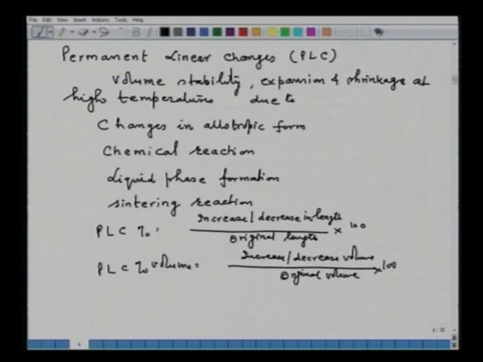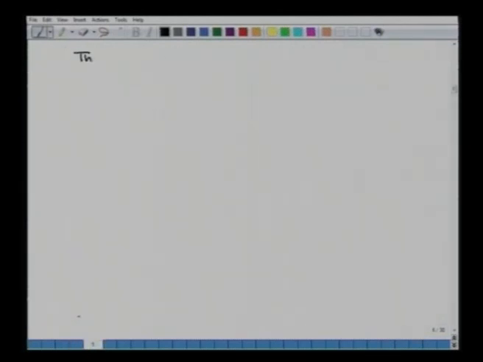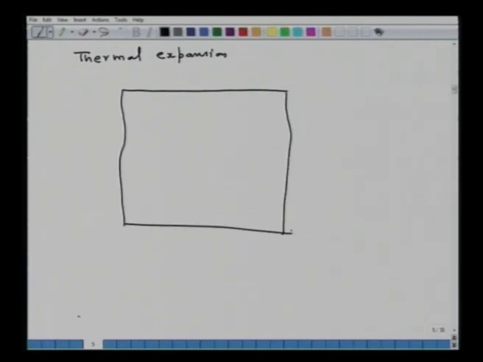Another important property is the so called thermal expansion. Now, certain bricks expand when they are heated. In this connection, for example, if we see a qualitative representation, say if I plot temperature here, that is only schematic, not intended to read the values from here, just to show the trend of the variation of thermal expansion.